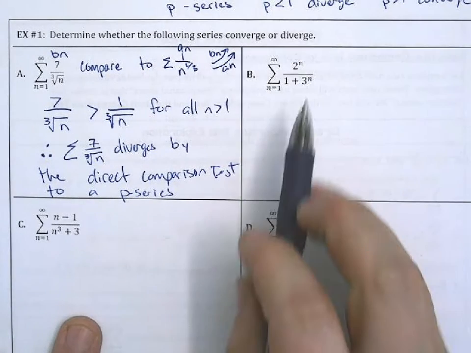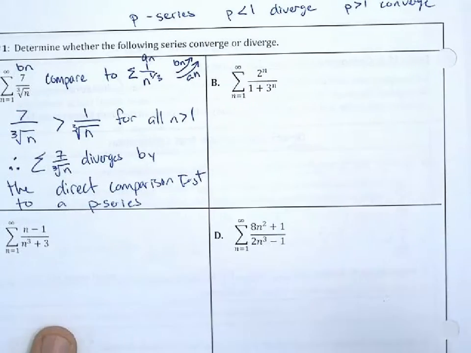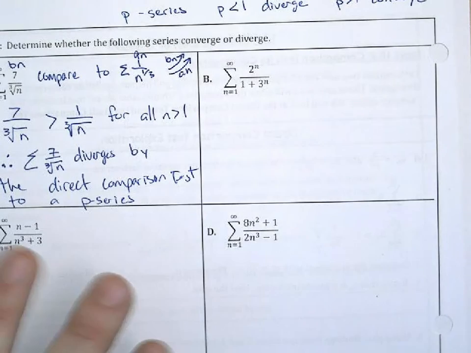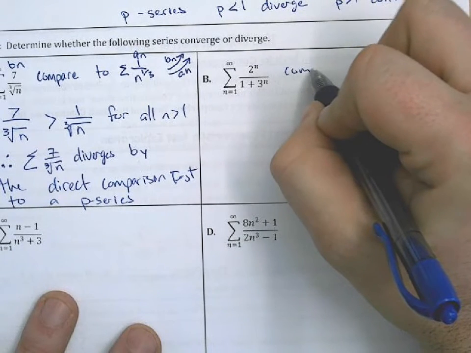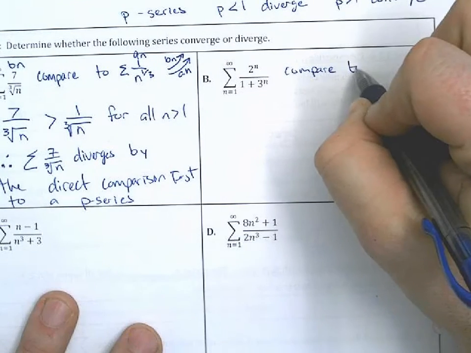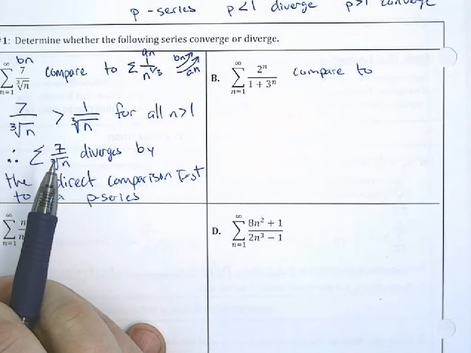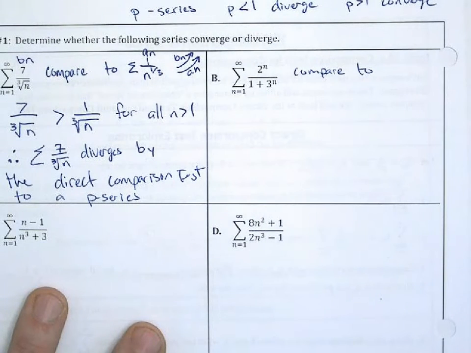So if we did this one, what could we compare this B to? What does it look very close to? It looks very close to a geometric. What geometric does it look close to?